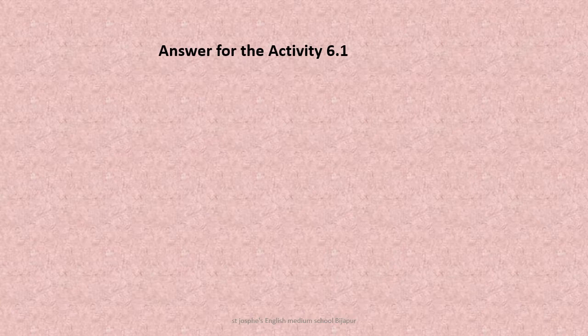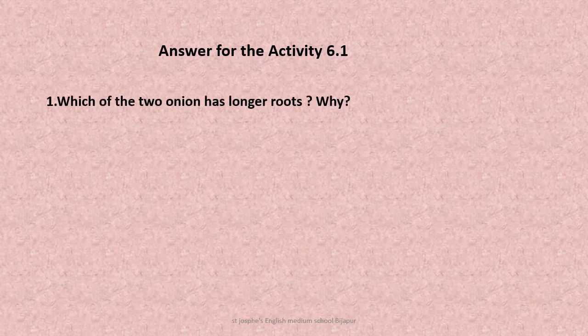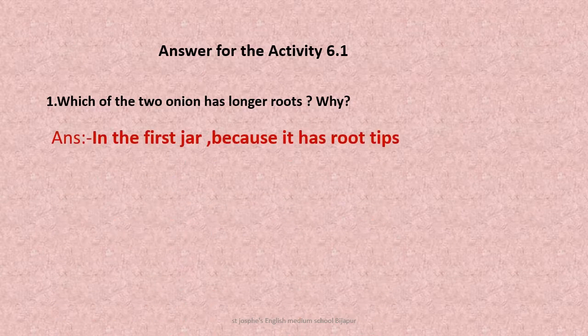The first question is, which of the two onions has longer roots and why? You might have noticed during the duration where you placed the onions that you observed the growth of the roots. So your answer is the first jar, because it has root tips.